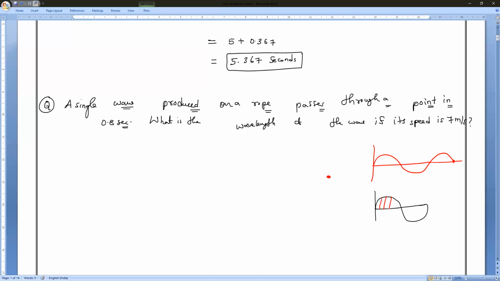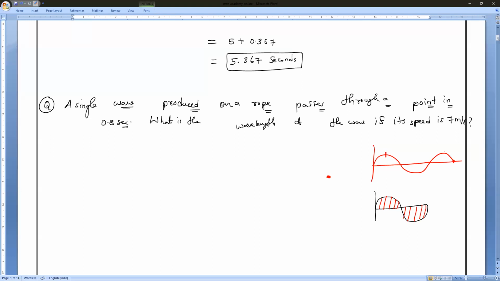And I taught you the third definition of wavelength. Can you tell me what is the third definition of wavelength? Three definitions we studied.